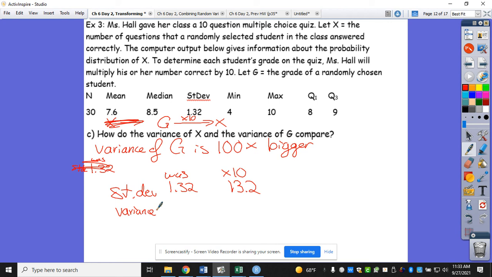So I just type in 1.32 squared. What do you get? 1.742. What is 13.2 squared? So how much bigger is that than that? So if the quilt thing doesn't make sense to you, just go through this process and do the exact same thing. Just go through it in pieces.